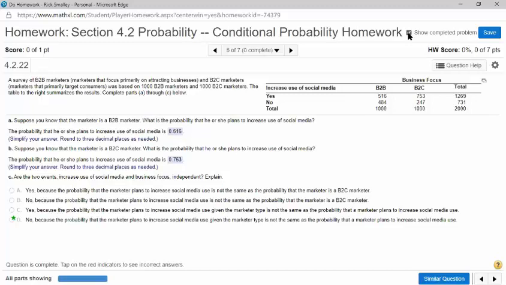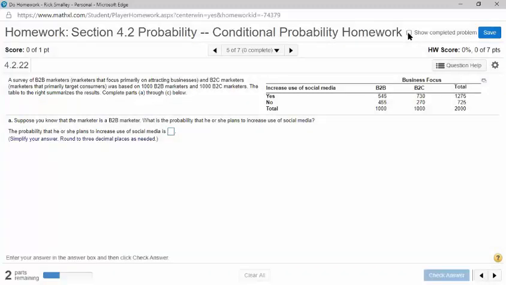Okay, this is interesting, because the wording on this is interesting. Sometimes the given part can be written at the beginning of the sentence, and here they're using suppose instead of given.